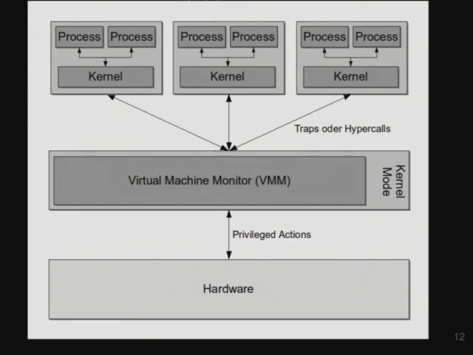The virtual machine monitor in kernel mode is then used to abstract the hardware and redirect disk accesses, network interface cards, and so on. So all the boxes at the top are guest instances of software running on your virtual machine each.